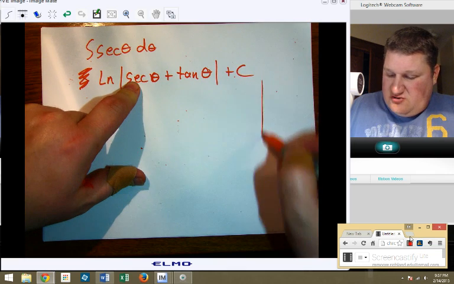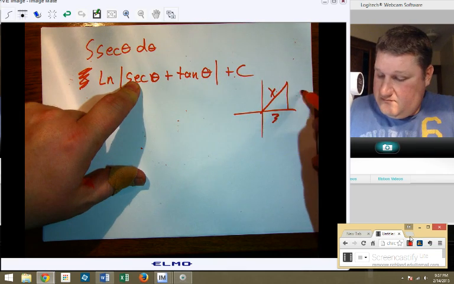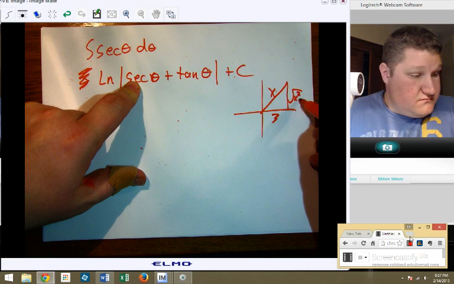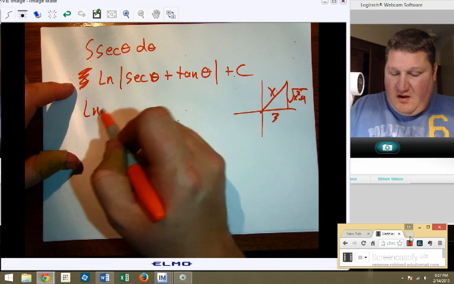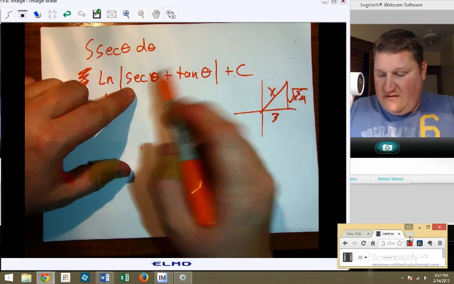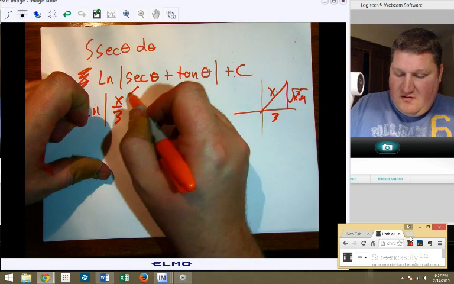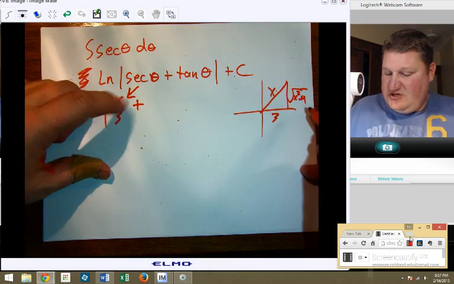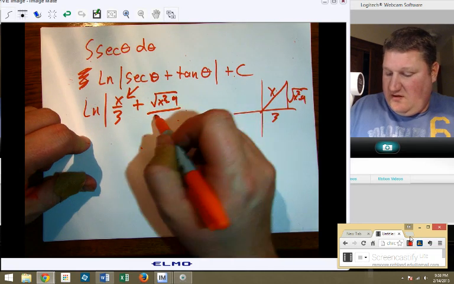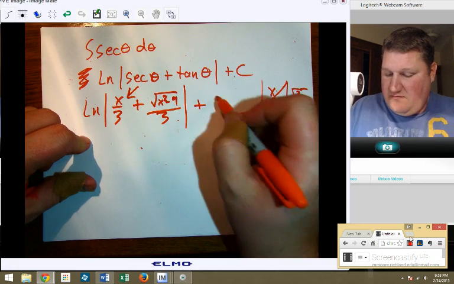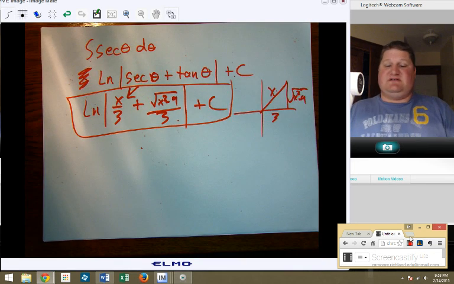But if my triangle is still the following, all I have to do is figure out, well, what is the secant of theta? The secant of theta is the hypotenuse over adjacent. Boom. The tangent of theta is the square root of x squared minus 9 over 3. And now everything is back in terms of x.